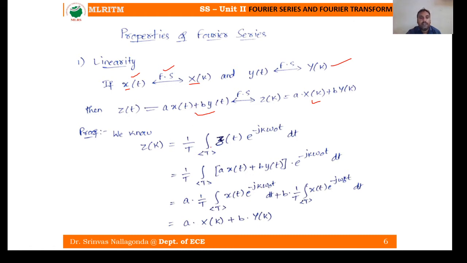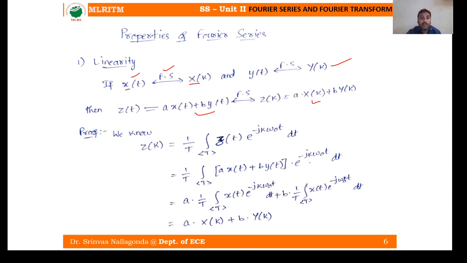z of k is 1 by T integral over the time period T, 0 to T, z of t e power minus j k omega naught t. This is the Fourier series standard form. Now what is z of t? Substitute here: a into x of t plus b into y of t, e power minus j k omega naught t dt.